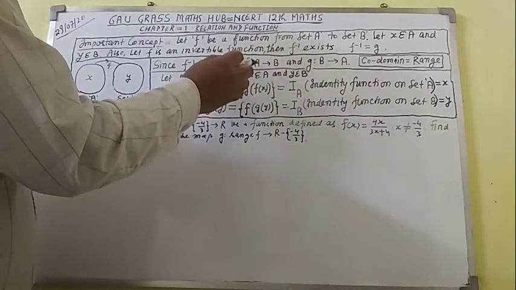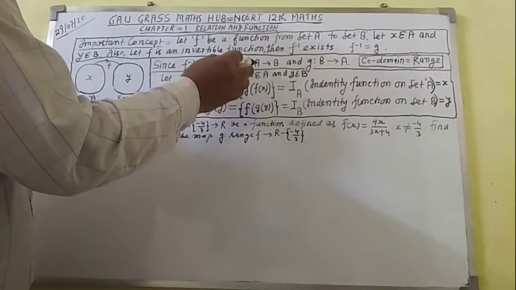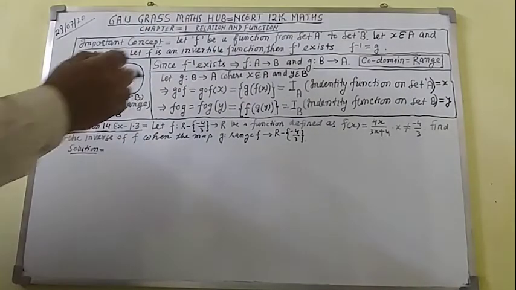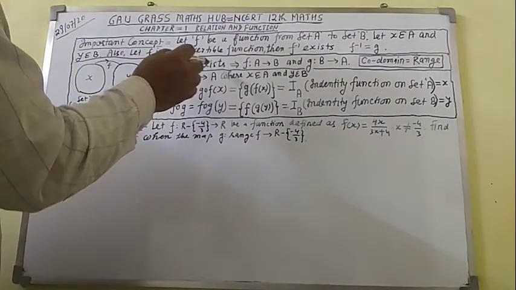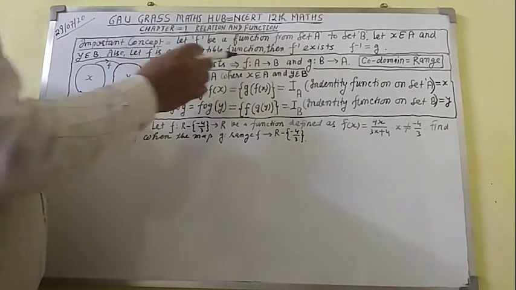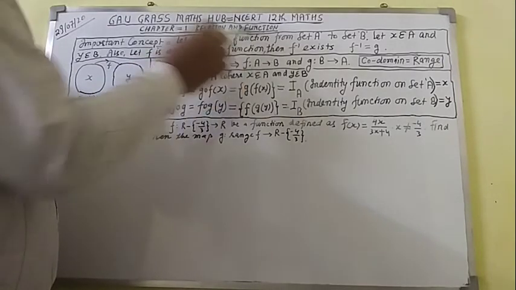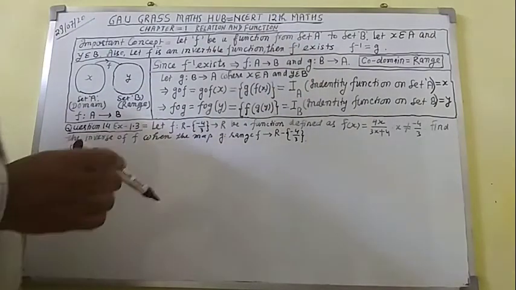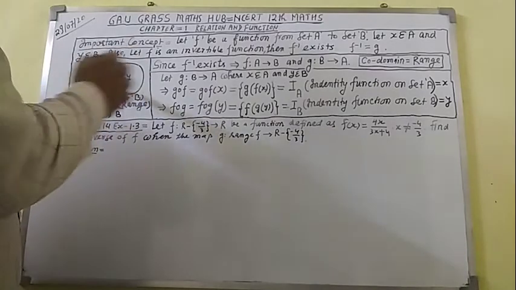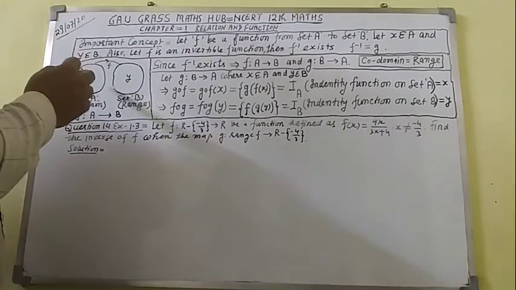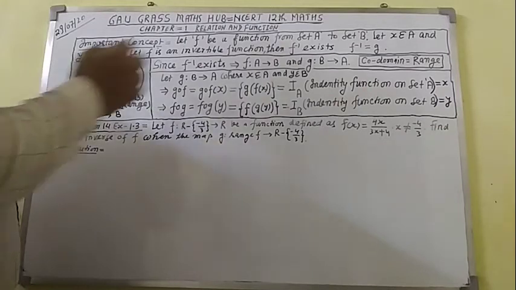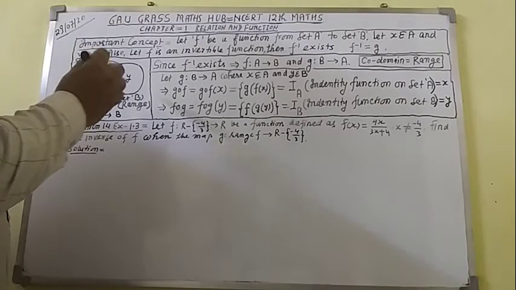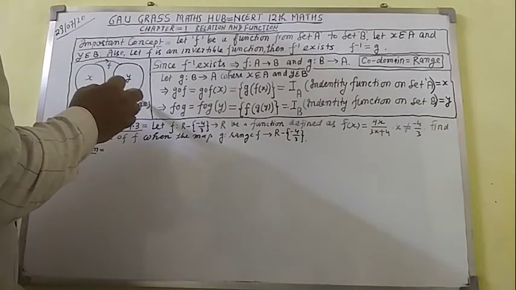This means that in place of A, B will be written, and in place of B, A will be written. That's why if f inverse exists, it implies that f is from A to B and g is from B to A. This is a one-one and onto function. That's why codomain will convert into range here. Range of f will be set B.